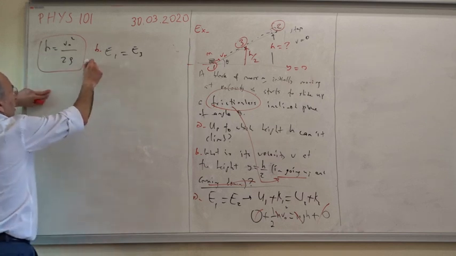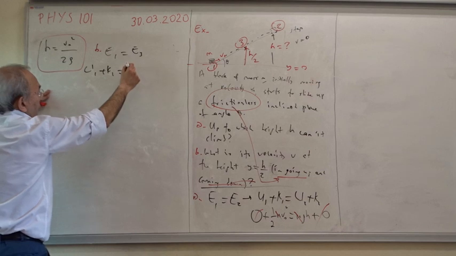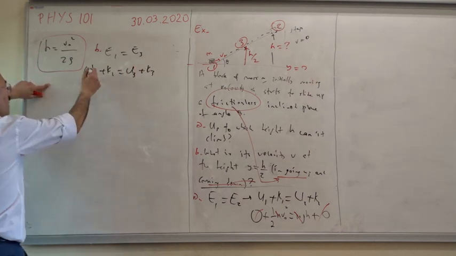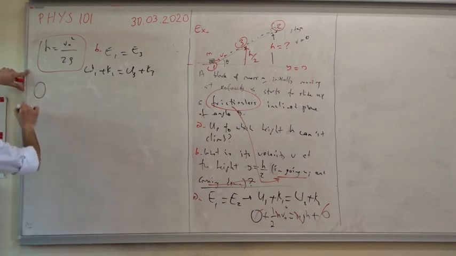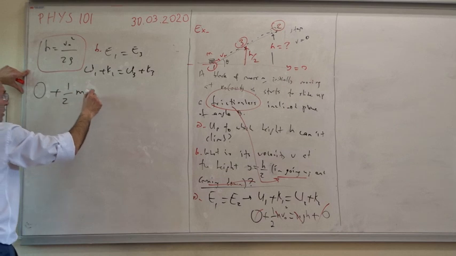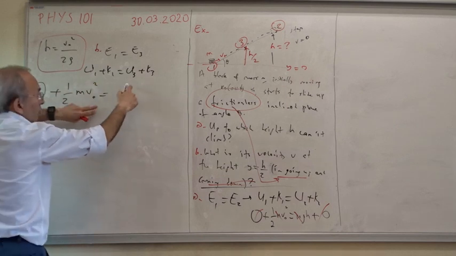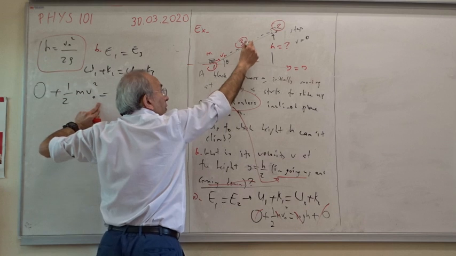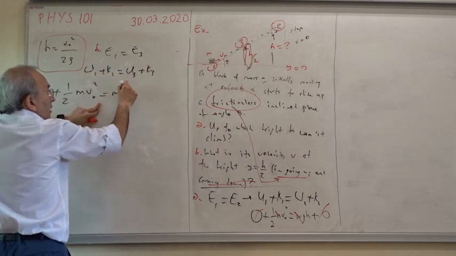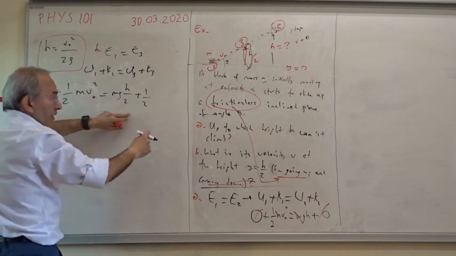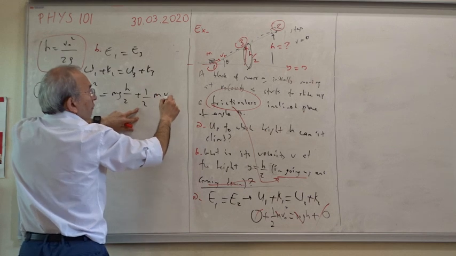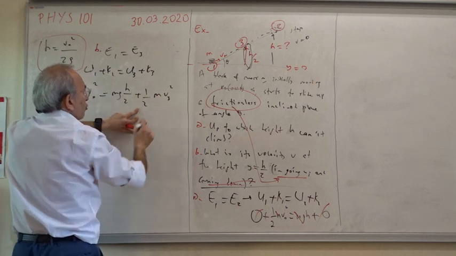What is E1? U1 plus K1. The other one is U3 plus K3. U1 is, at the beginning, we have chosen it to be 0. K1 is 1/2 mass of the object, initial velocity squared. U3 now corresponds to such a height, m times g times h over 2, plus, now there is some velocity, of course, there is some kinetic energy, 1/2 m times v, let me call it v3 squared.